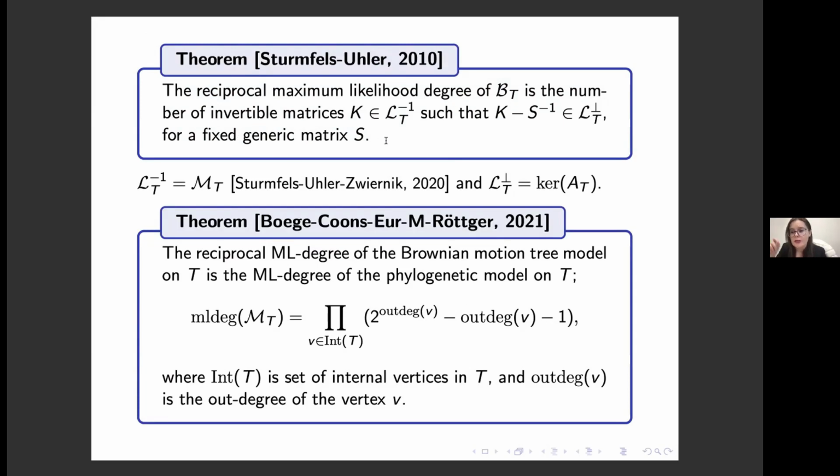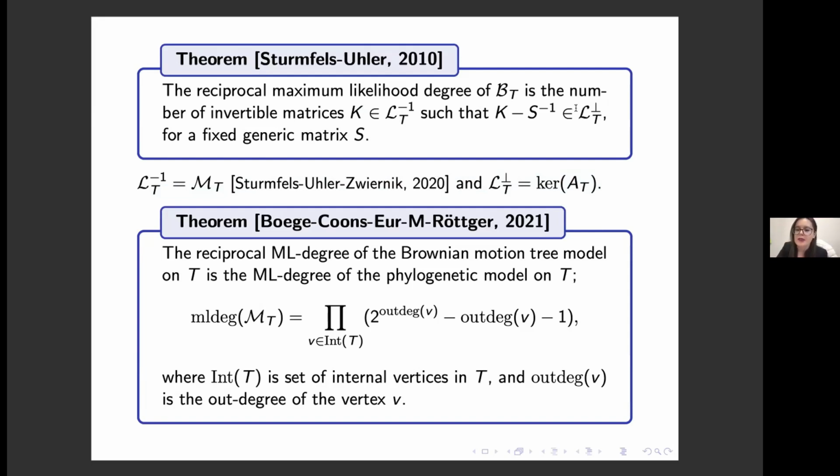And what we show is that, in fact, the first part, almost everything was done by Sturmfels, Uhler, and Zwiernik, but this space L inverse of T happens to be the same as the model, the phylogenetic toric model that I mentioned in the first part.